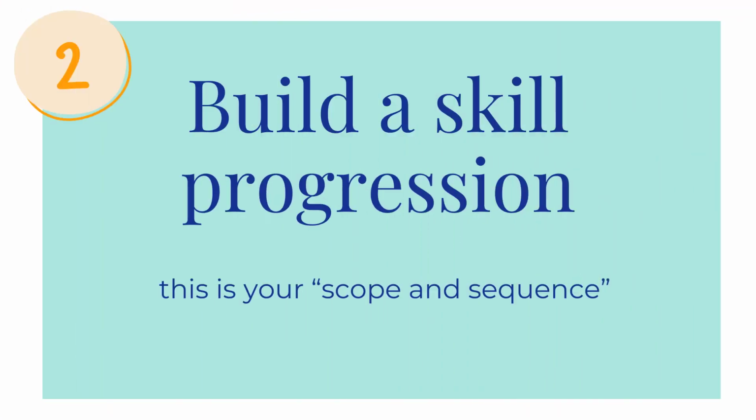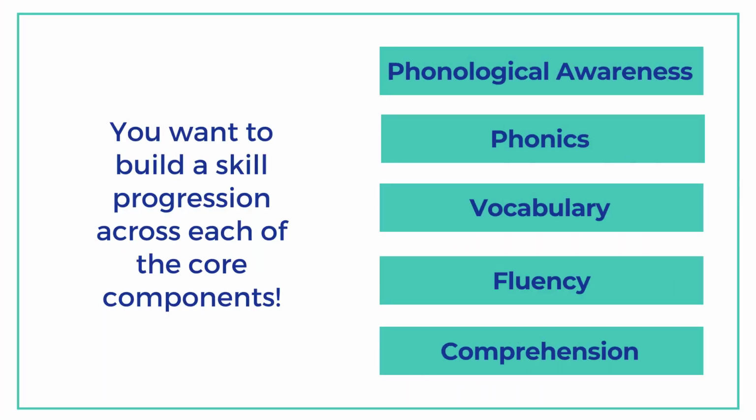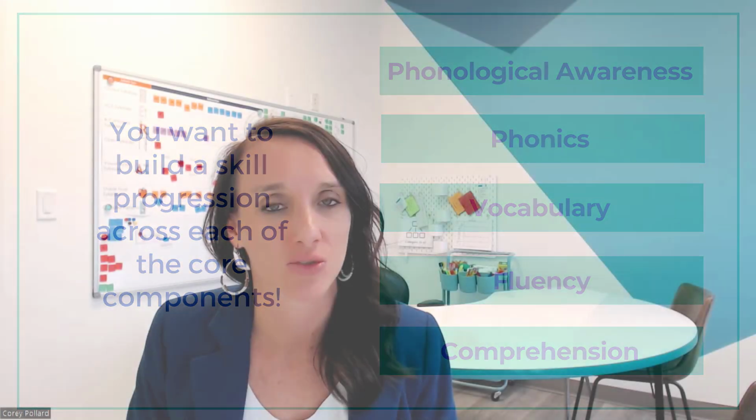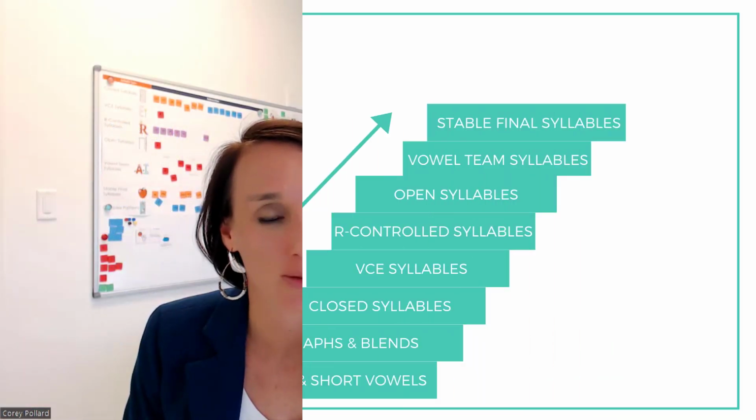The next thing that you're going to want to do is build a skill progression. This is going to become your scope and sequence. So when you're thinking about your skill progression, you want to think about how the skills are stacking on to one another. So, for example, we want to take phonological awareness, phonics, vocabulary, fluency, comprehension, and writing, and create a stair step out of those to really think about what are the skills that we want to be targeting at each level.